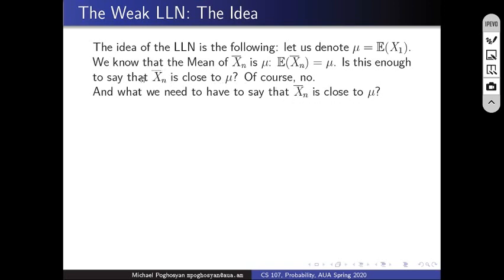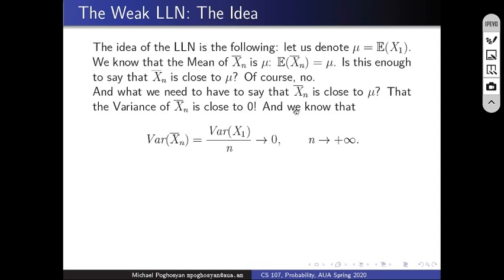So we want to show under some conditions that Xn bar is close to mu. Only the mean being mu is not enough. So we need to have that the variance is very small, close to 0. If we have that the mean is mu and the variance is small, then Xn bar is very concentrated around mu. It's very close to mu.